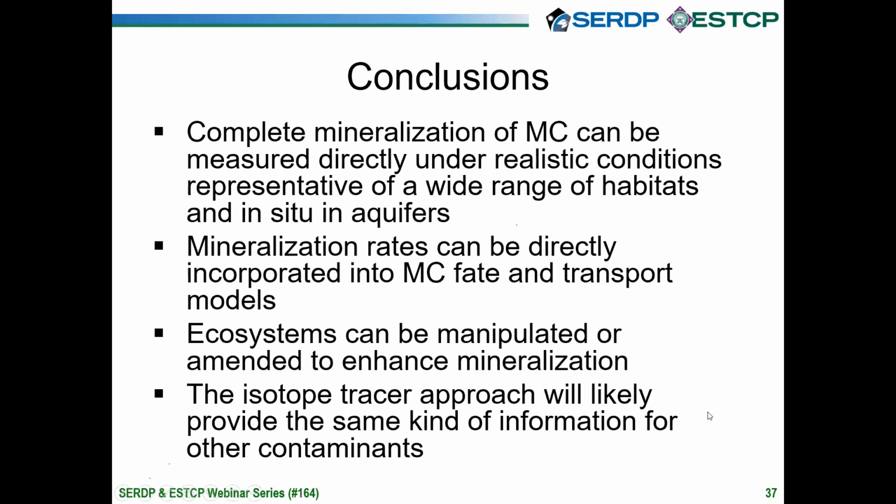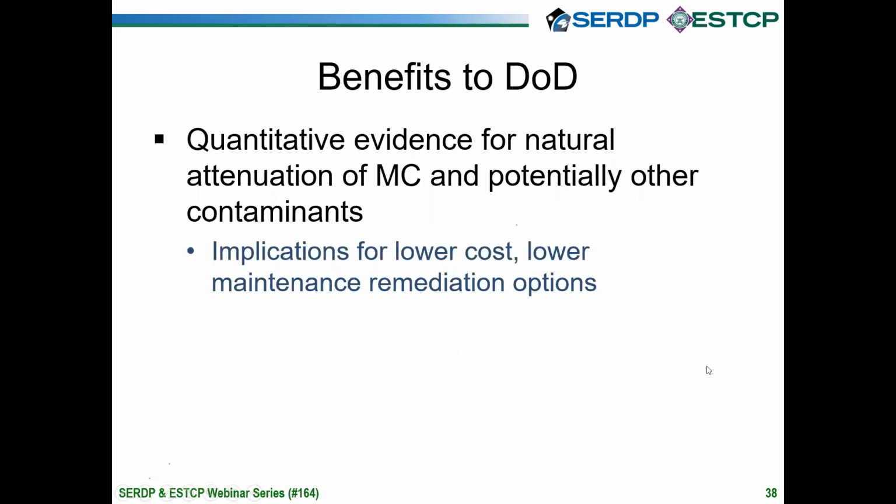And the one thing that I'm interested in exploring in the future is that we've only done this approach with MC compounds, but this approach should work with other contaminants, as long as those contaminants can be synthesized with a stable isotopic label.